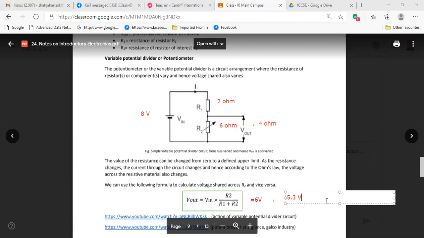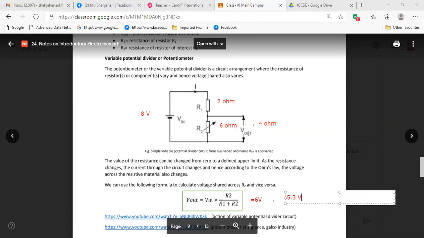That time we are getting the voltage in R2 5.3. Also R1 is changed. That is coming 2.7, right? It was 2 before, now it is 2.7. So by changing the resistance, we can change the output.